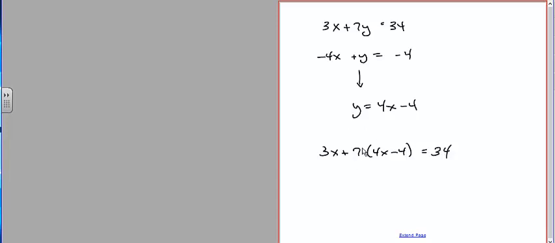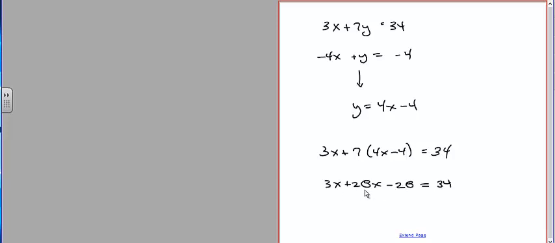And what that substitution allows me to do is to now have this all in terms of x. And we just have to figure out what x is. So we have 3x, 7 times 4 is 28, so we get 28x. 7 times 4 is 28, so we get negative 28 equals 34.